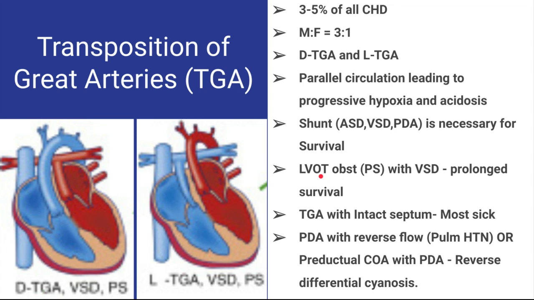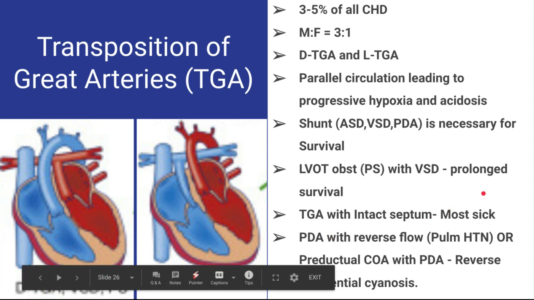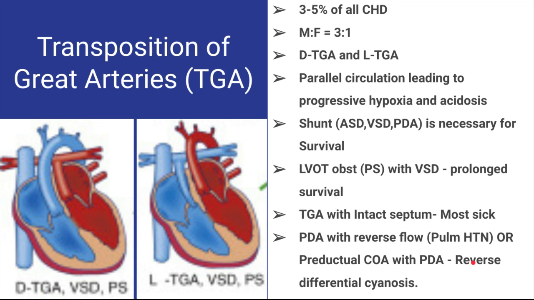Then left ventricle outflow tract or pulmonary stenosis with VSD leads to prolonged survival, and TGA with intact septum leads to deep cyanosis, and these babies are the sickest patients at the time of birth. And PDA with reversal flow, as we have studied in cyanosis, leads to reverse differential cyanosis.